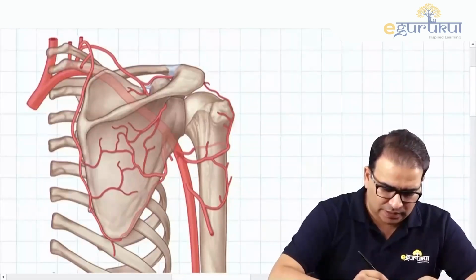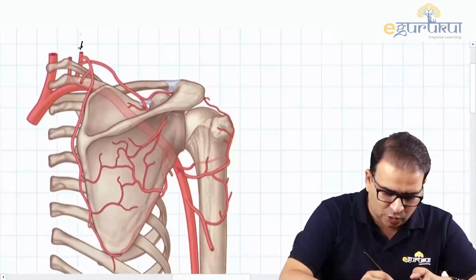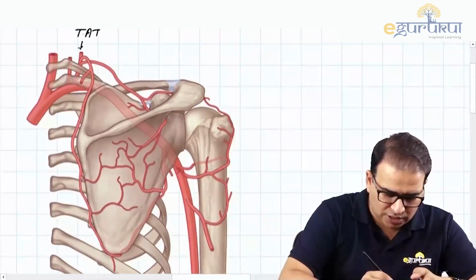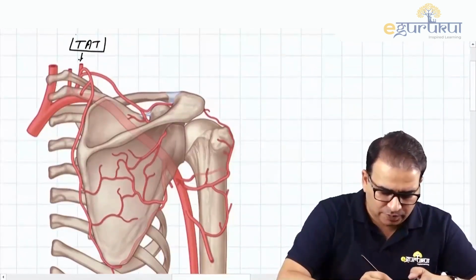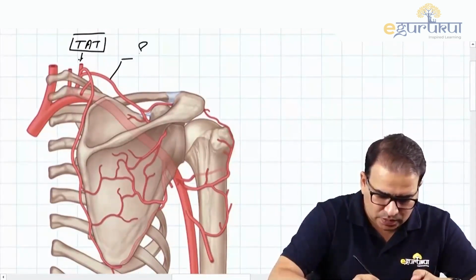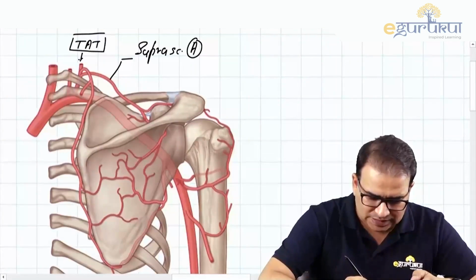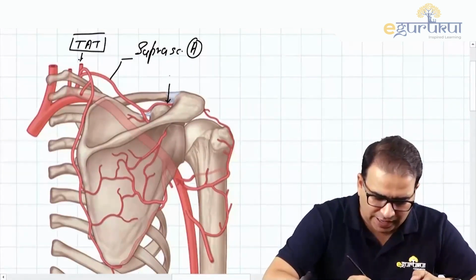I can see from the first part of subclavian artery, this here is a thoracoacromial trunk. I'm writing T80, that is thoracoacromial trunk. And from this thoracoacromial trunk, I can see this branch coming in here. This is the suprascapular artery, and I'm sure you can also see this acromion branch of suprascapular artery as well.